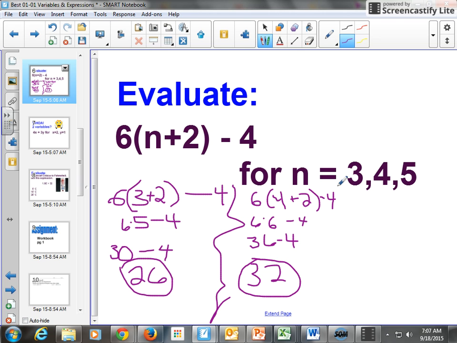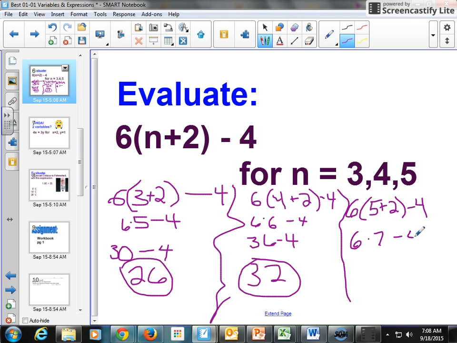Last but not least, evaluate this for 5. 6 times the quantity 5 plus 2, and then minus 4. 6 times, in this case, 7, and then minus 4. 6 times 7 is 42. 42 minus 4 gives you 38. Let me get that written down. Here we go. Circle it.